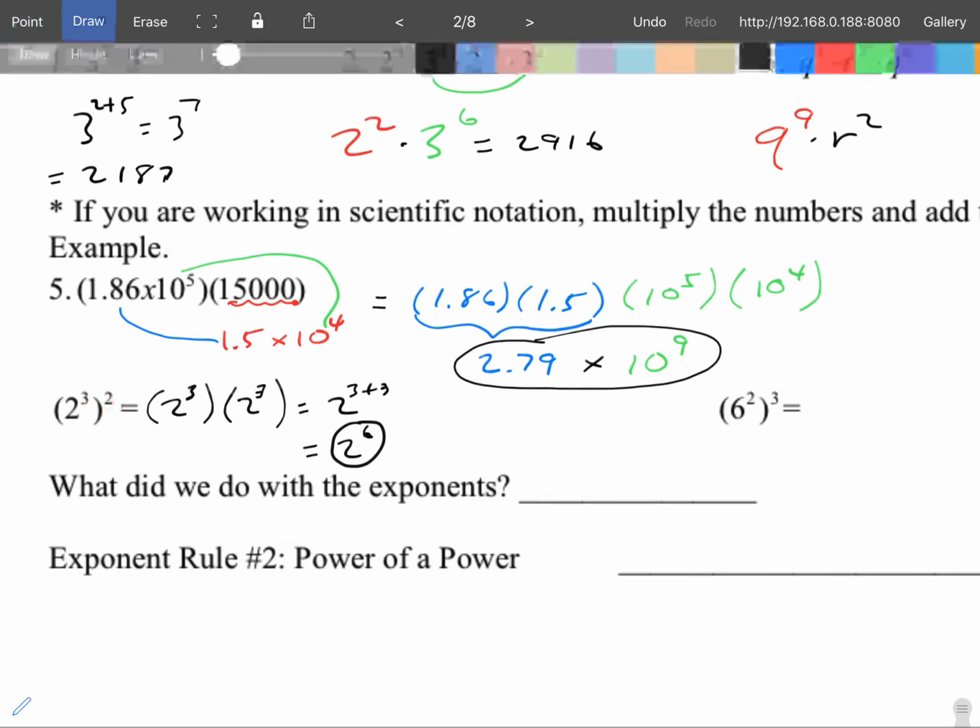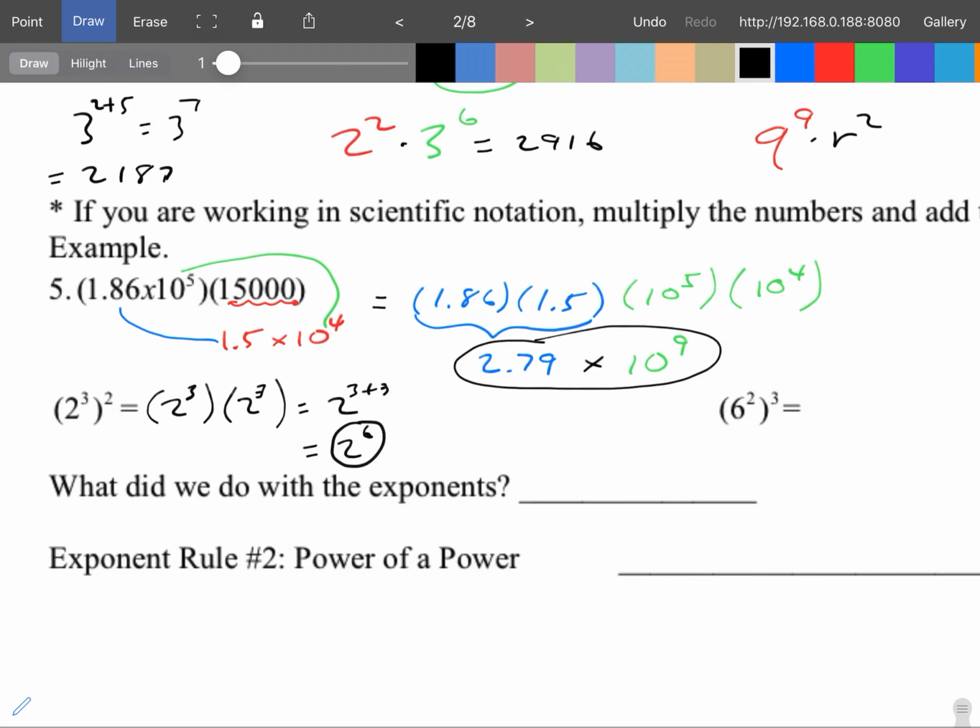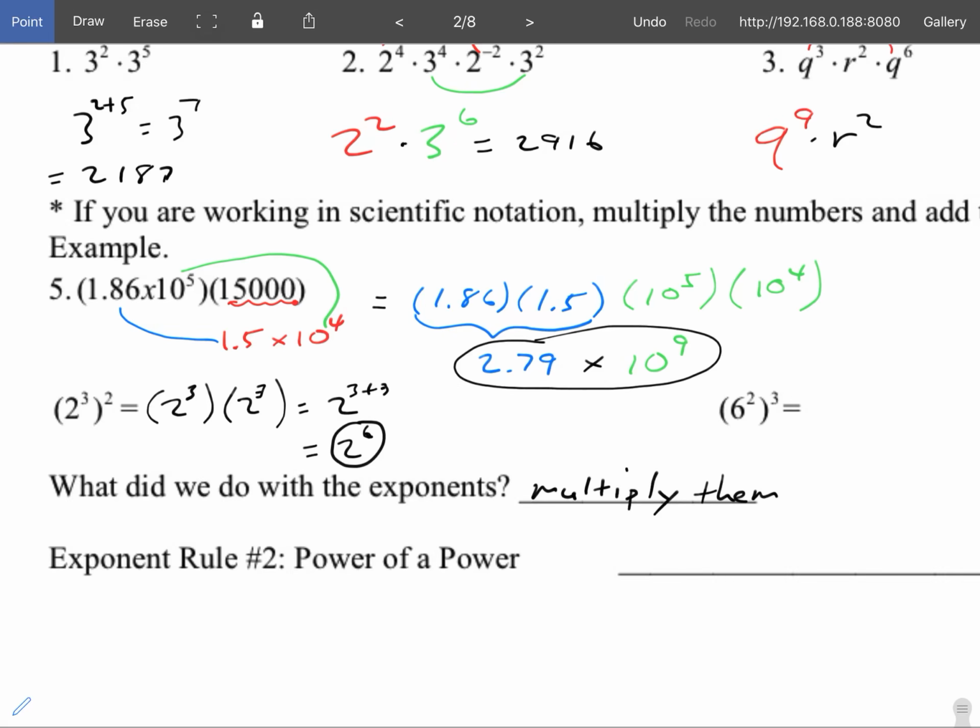Well, that means this next one, if we use that rule, well, I guess I could fill in this blank right here for you guys right now. So what do we do with the exponents? We multiply them. All right, so we'll use that rule on this one over here now. So now we have 6 squared cubed.